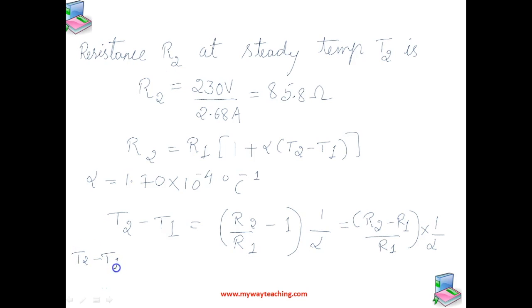So T2 minus T1 is equal to, with R2 as 85.8 ohms, R1 as 75.3, and alpha as 1.70 into 10 raised to minus 4, which gives 820 degrees Celsius.